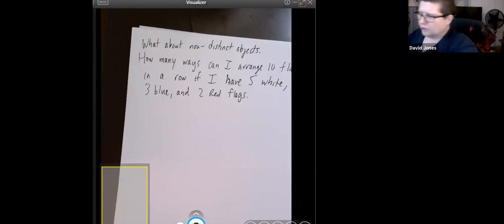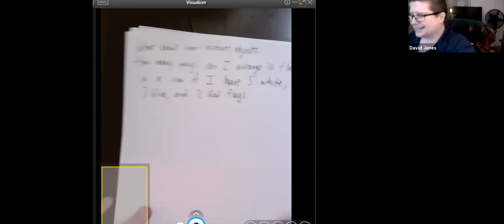Now, all the blue flags look the same and all the white flags look the same. These are non-distinct.